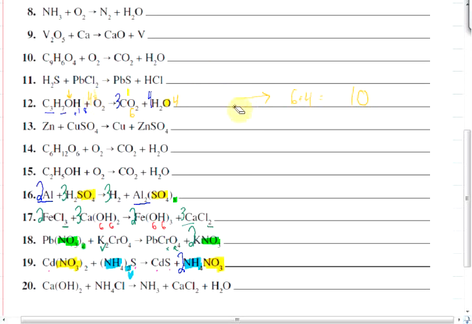So when you get a half, what you do is double the entire equation. So what I'm going to do is I'm going to rewrite this whole equation for you without my numbers in it: C3H7OH plus O2, arrow, CO2 plus H2O. And now I'm going to go through and I'm going to double each number in the front.